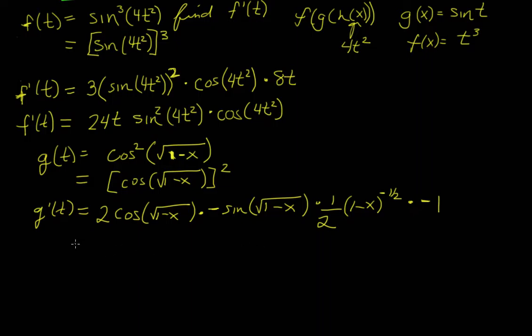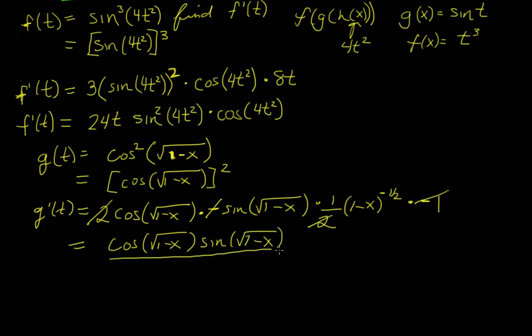The 2 will cancel out with this 2, and this negative 1 will cancel out with this negative. And so my final answer will be cosine of 1 minus x, sine of the square root of 1 minus x, all divided by the square root of 1 minus x. And there's g prime of t.